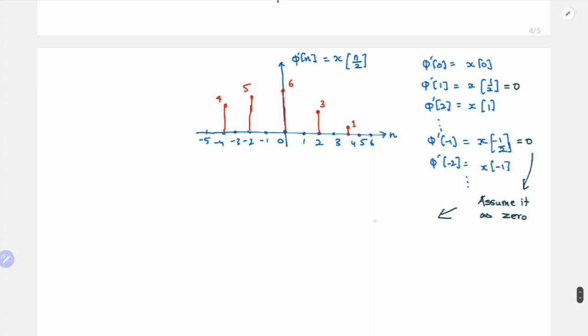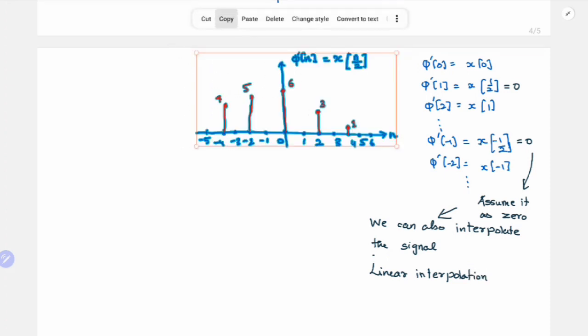Or in some cases, we can also interpolate the signal. For example, if you use a linear interpolation, you can just connect these by a straight line.